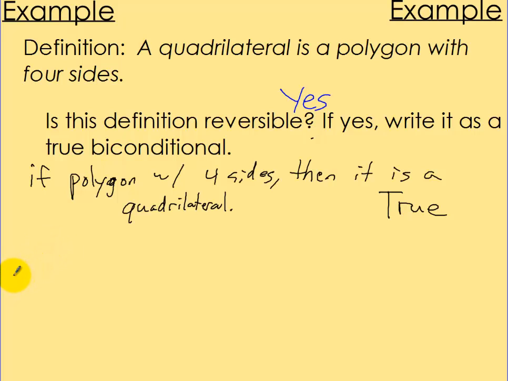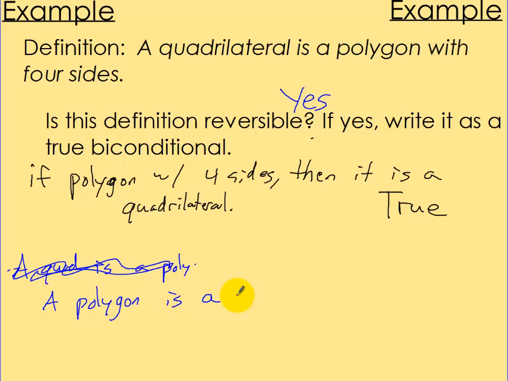So we can say a polygon is a quadrilateral if and only if, and I'm going to abbreviate that, it has four sides. So there you go. There is a true biconditional. A polygon is a quadrilateral if and only if it has four sides.